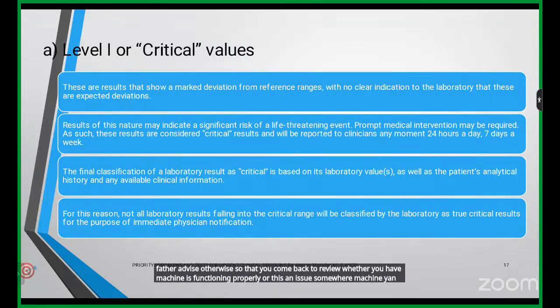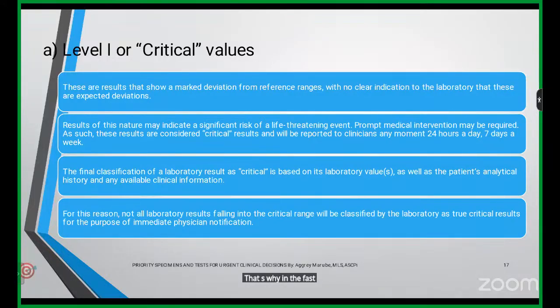But in case you find there is a clot, because you are so concerned about patient safety, can you recollect the sample? So there is a possibility of even recollecting a sample. That's why in the first clause we were talking about no clear indication to the laboratory that these are expected deviations.